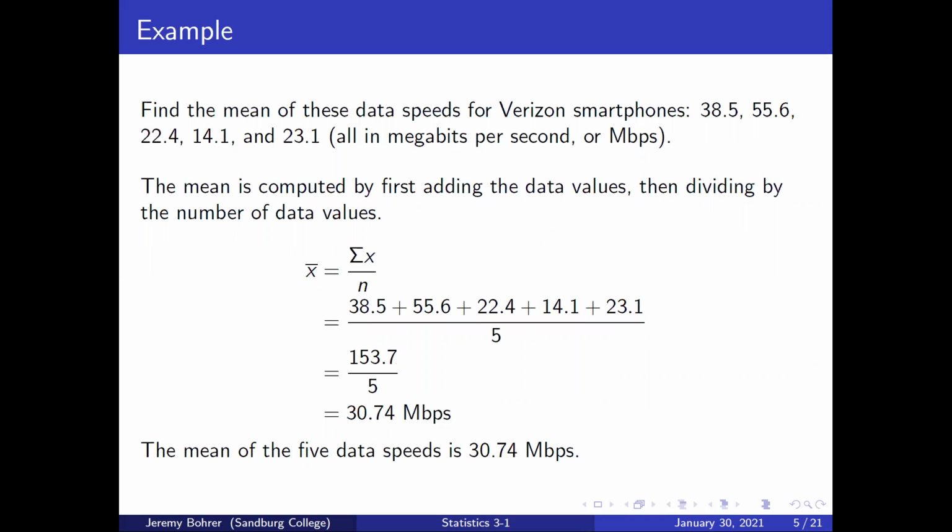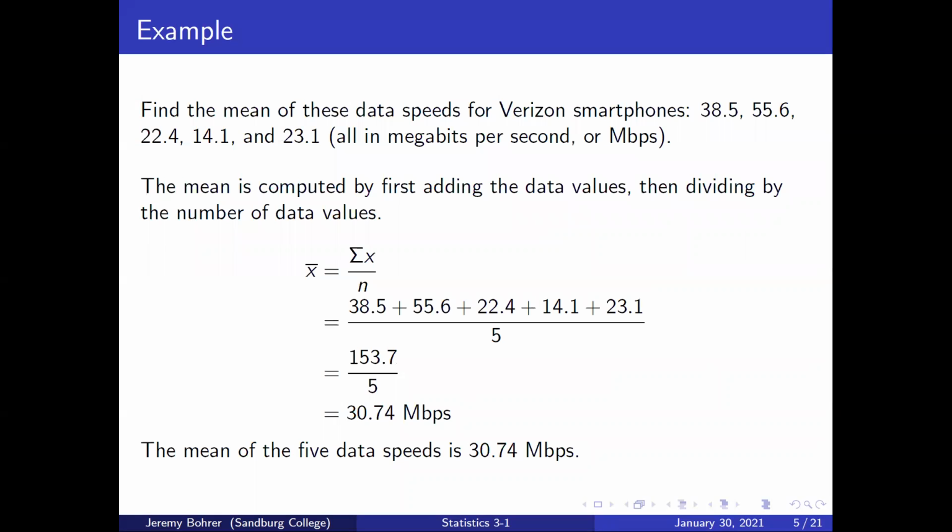So for example, find the mean of these data speeds for Verizon smartphones: 38.5, 55.6, 22.4, 14.1, and 23.1, all in megabits per second. The mean is computed by first adding the data values, then dividing by the number of data values.